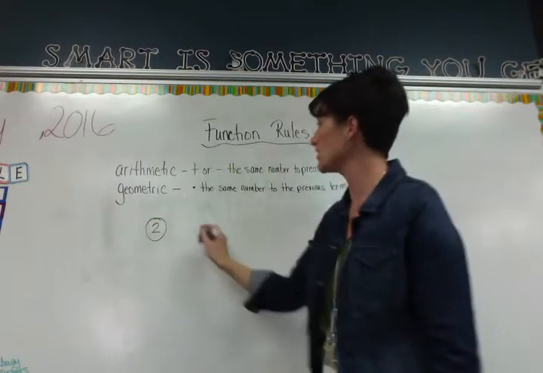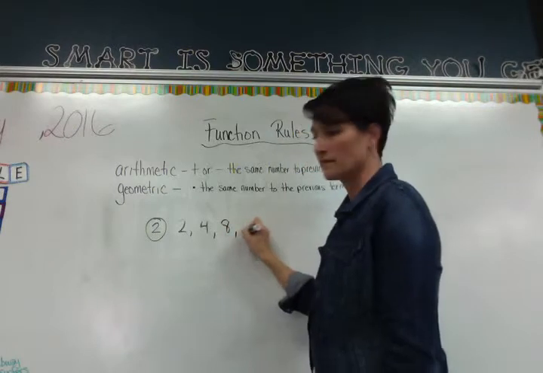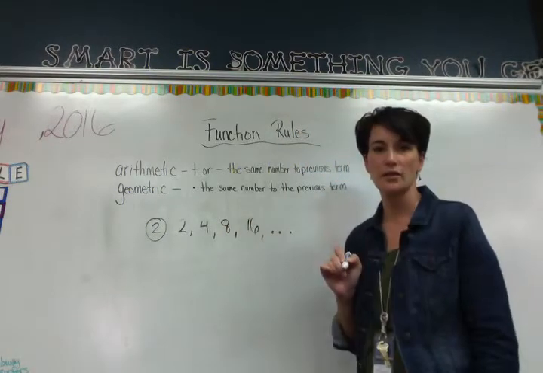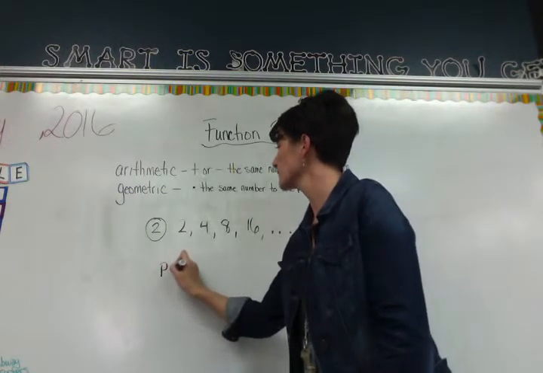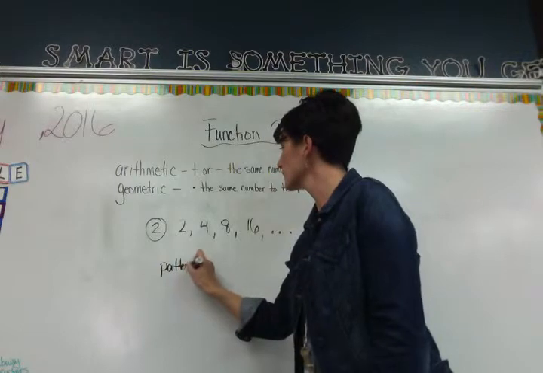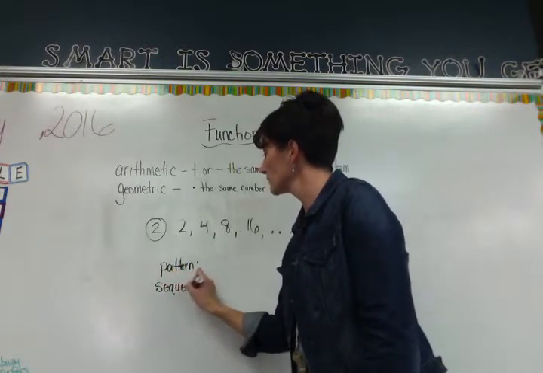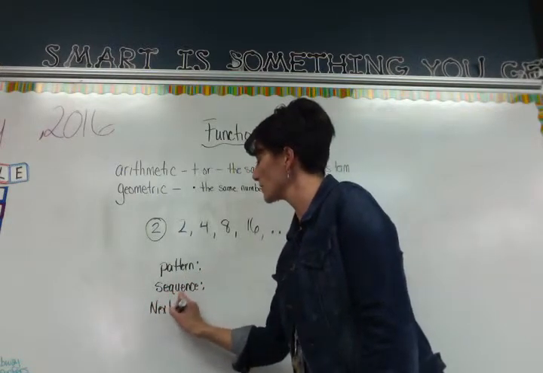All right, so number 2, let's try 2, 4, 8, 16, and then our additional dots. I'm going to ask for 3 things: what's the pattern, what kind of sequence it is, and the next 3 numbers.